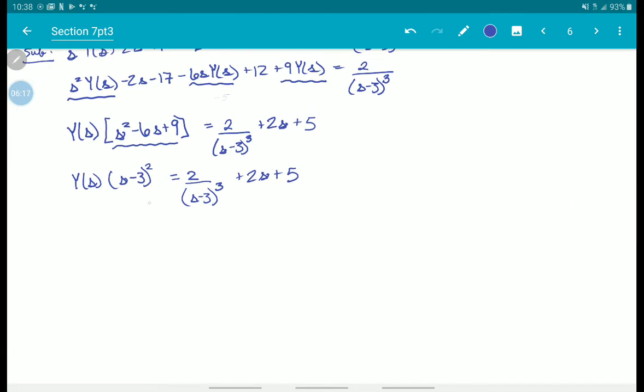And now we're going to divide both sides by the s minus 3 quantity squared. And when we do that, we're going to have 2 over s minus 3 to the 5th here. And then we're going to have 2s plus 5 over s minus 3 squared.